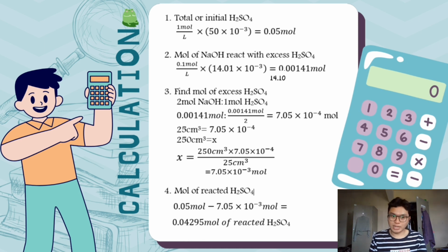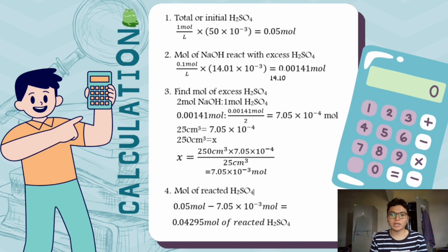Next, to find the mole of excess sulfuric acid, we must compare the mole of sodium hydroxide with sulfuric acid. So 0.00141 mole of sodium hydroxide is divided by 2 because we want to find 1 mole of sulfuric acid, which is equal to 7.05 × 10^-4 mole. That is the mole in 25 cm³ of sulfuric acid.